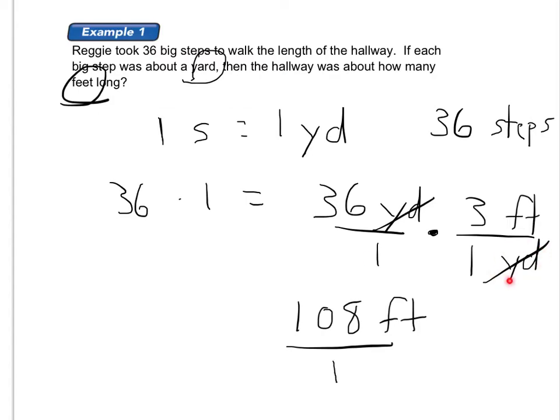And this label is canceled out. So all I have to do is simplify it. It's 108 over 1, that's just 108 feet. Now in this problem, it's not really necessary to multiply the 1 times 1 because it's just 1 on the bottom, but I just wanted to show you what you would do. If this was a 2 down here, you'd take 1 times 2 and get 2, and then you would simplify 108 divided by 2.